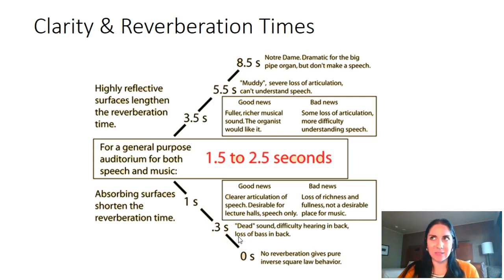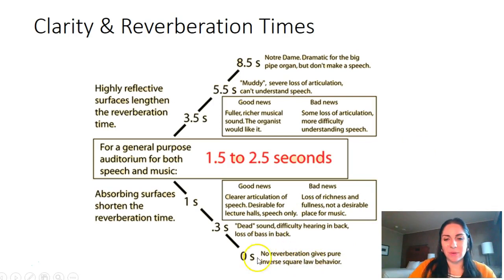If you've ever been in a quiet room, or had your ears tested, or been in a closed room with carpet, you get that dead sound, very strangely silent. That's when you have no echoes. With no reverberation time, you get a pure inverse square law behavior. That just means that the further you go, the weaker the sound is going to be. So that's a really big way of saying that.